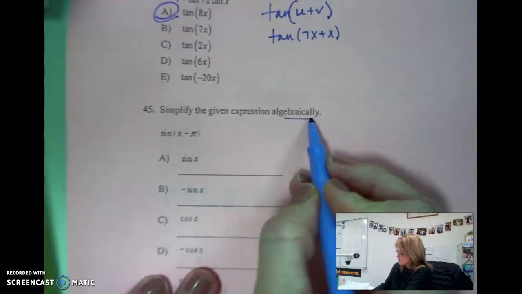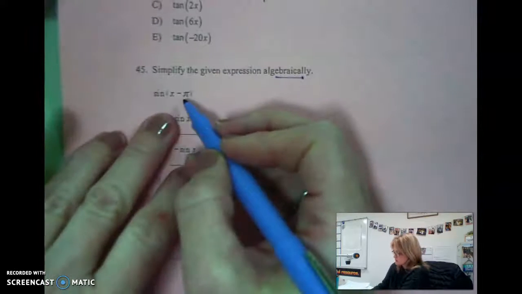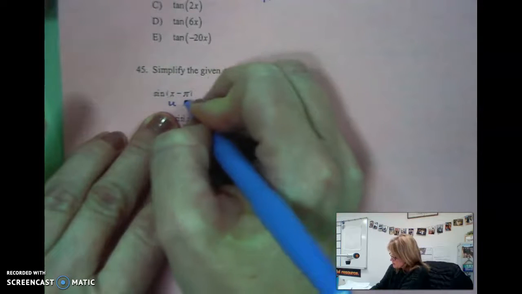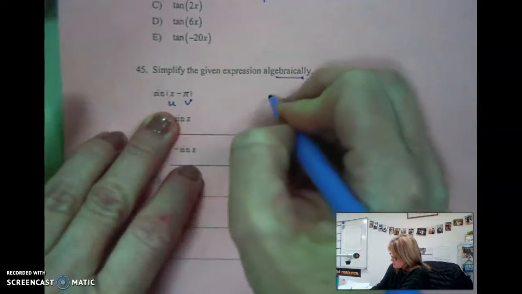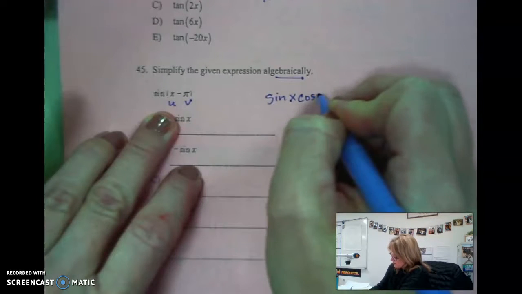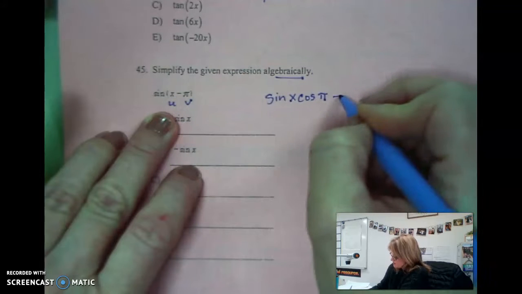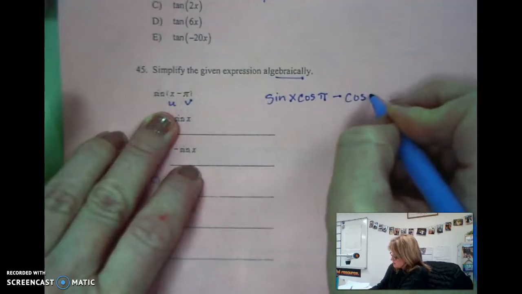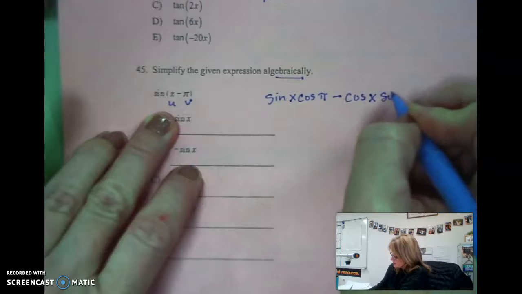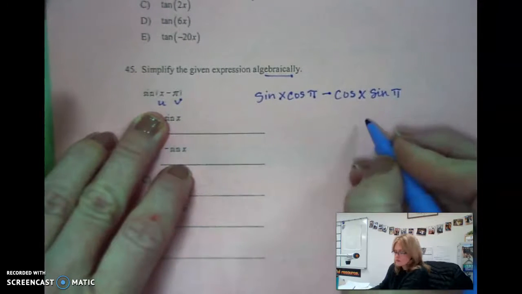Simplify this algebraically. This again is the sum or difference formula. This is my u and this is my v. So it's the sine of u, cosine of v. The sign is negative, it stays negative here. The cosine of u, sine of v. Now, what out of here do we have values for?